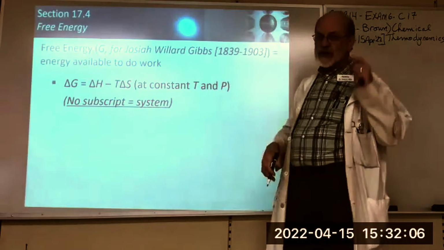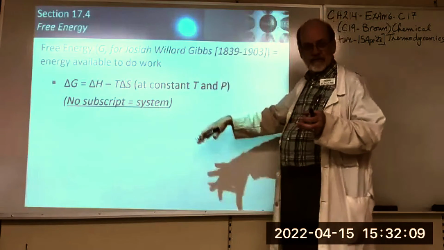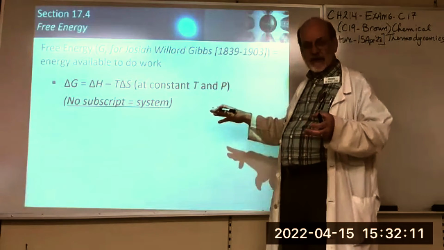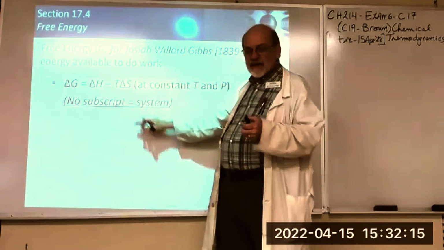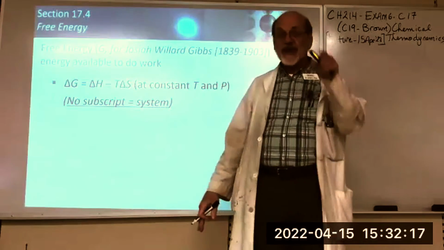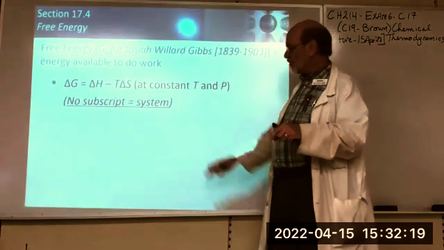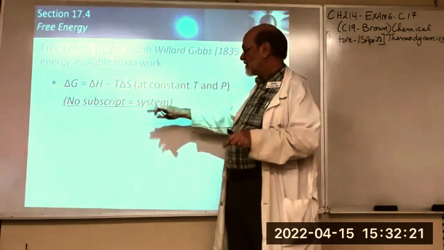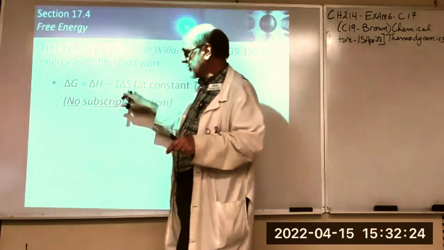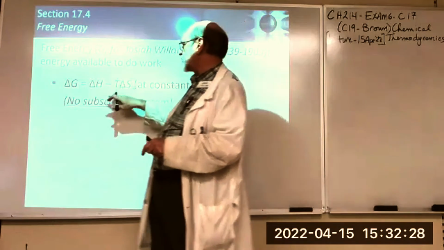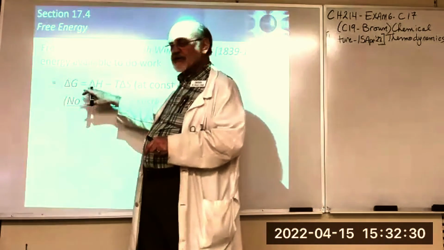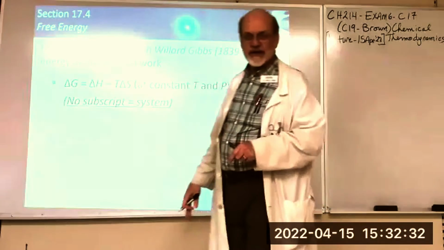If there is no subscript in any of these symbols, then we're implying system. If we're interested in surroundings, we're going to say it's surroundings. Otherwise, we're saying it's system. So all of this is system. So the delta H for the system minus the temperature times delta S for the system is the Gibbs free energy.